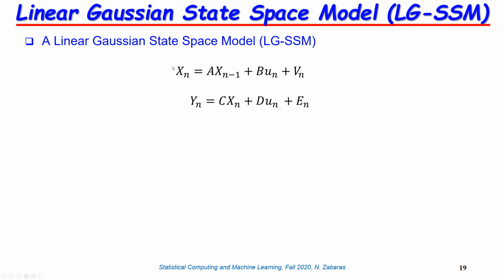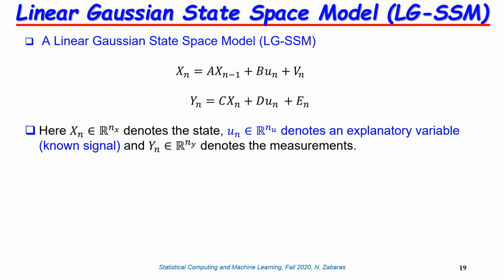You can immediately see that this defines the dynamical model, this defines the observational model, but you notice I have an extra variable u here just to make things a little bit more general. You can think of it as a known signal. For example, if this is a mechanical dynamical problem, you can think of un being some external forcing that maybe changes with time. But right now un is considered to be a known explanatory signal. X are the unknown states and y are the observations.